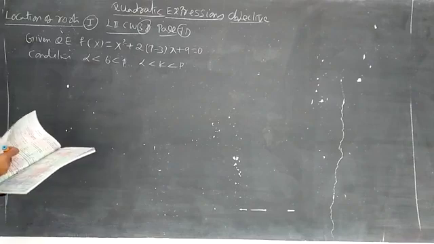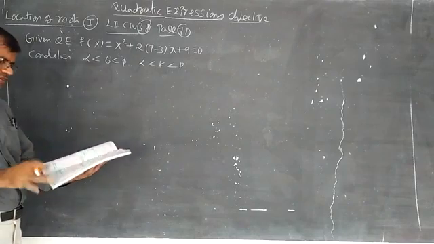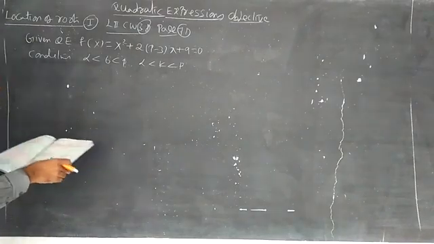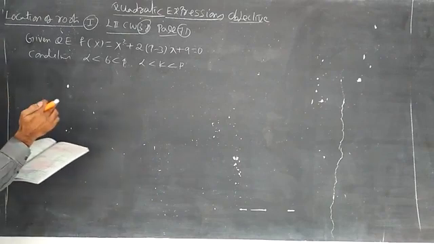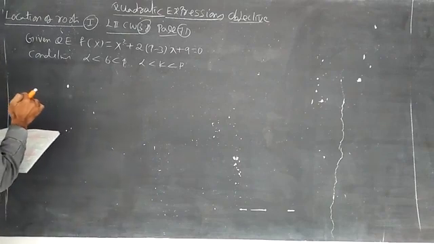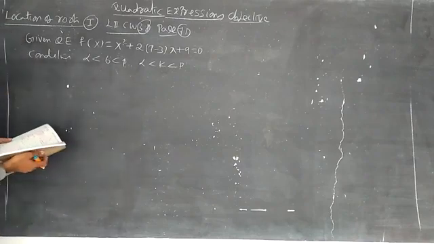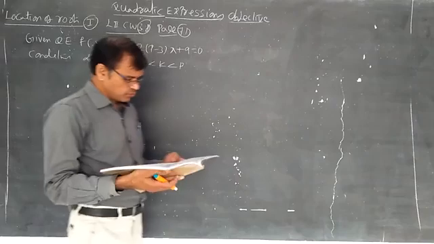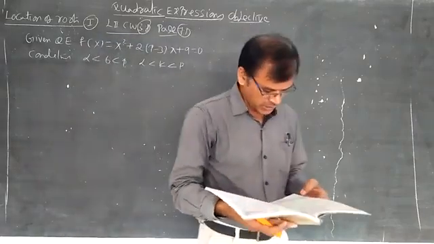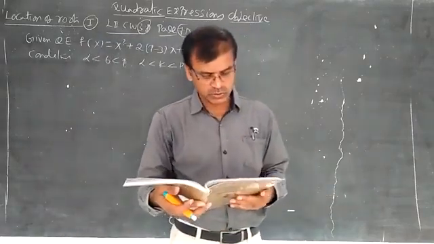So alpha less than k less than beta concept. For that condition we have discussed a into f of k less than 0, on page number 58, the condition for a real number k lying between the roots.